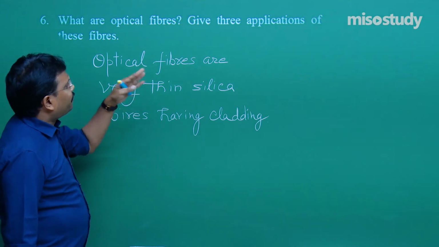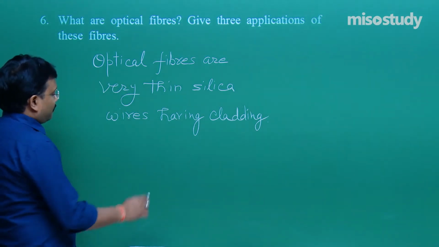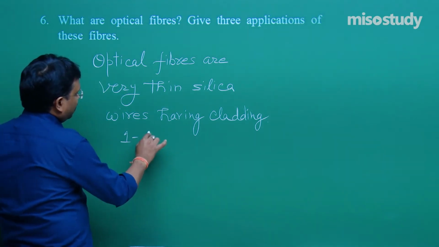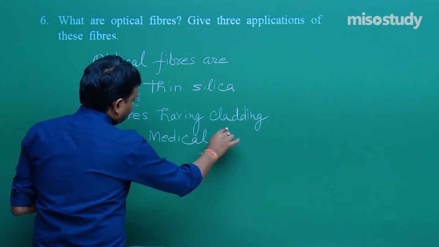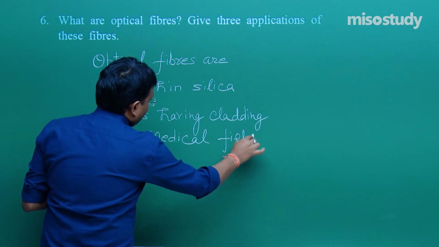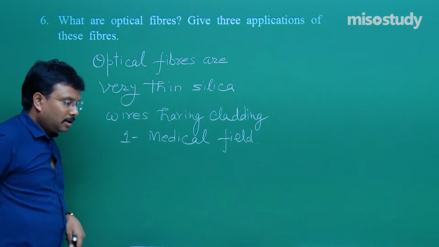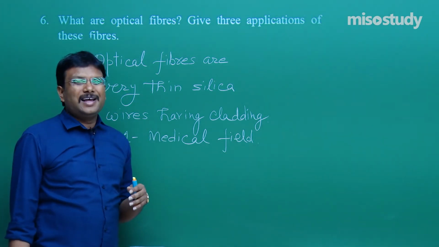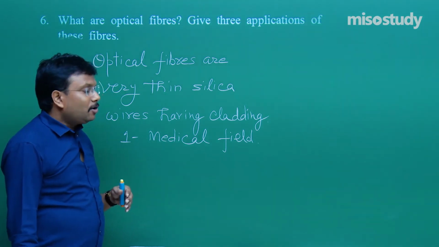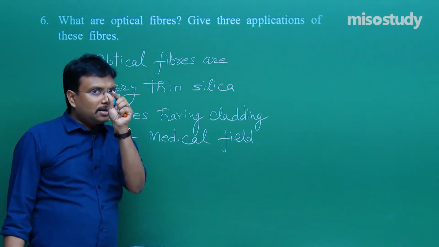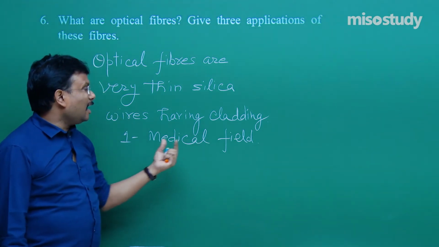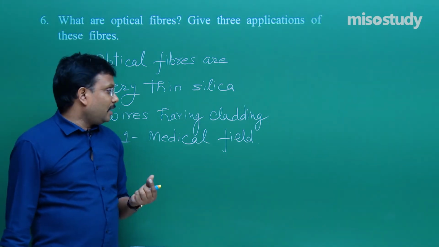Now give 3 applications of these fibers. So number 1 is in the medical field. There is one process known as endoscopy. In endoscopy they insert a small cable containing illuminated optical fibers through your mouth, fine.